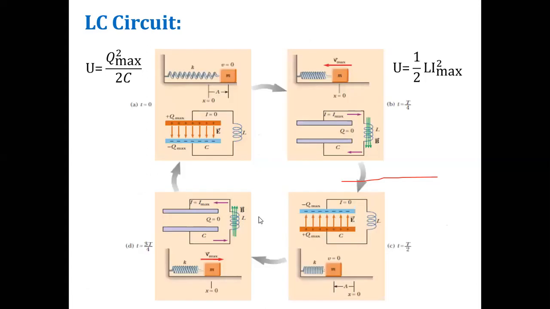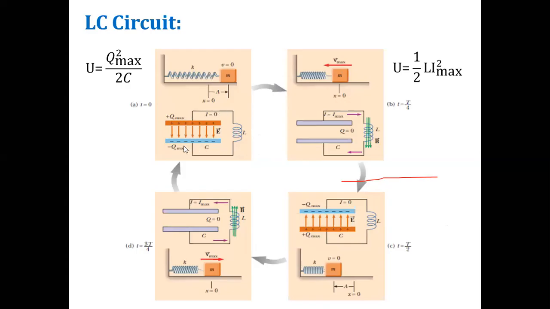Now, if you want to compare this LC circuit with the block mass case here, let's say that initially your capacitor was fully charged to an amount equal to Q maximum. At time t is equal to 0, there was no current in the circuit.